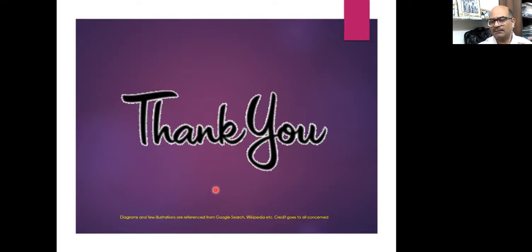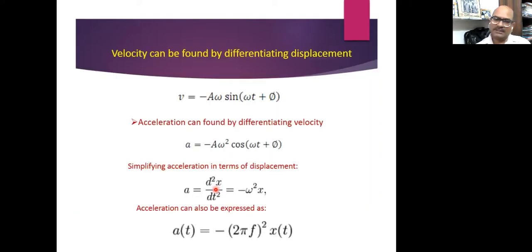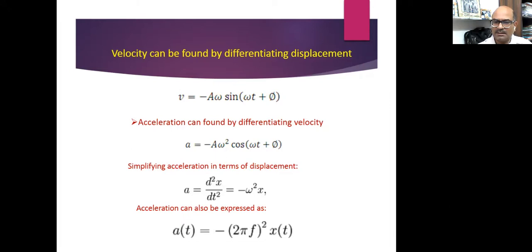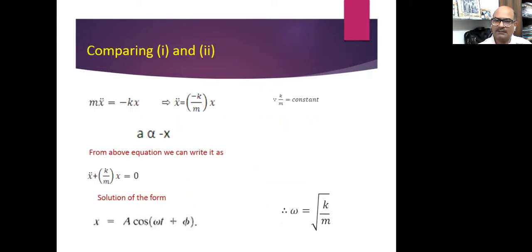This way we can find the values of the system, and let me explain one thing. Here, a is equal to minus omega square x, and in relation to this, a is equal to minus k by m x.